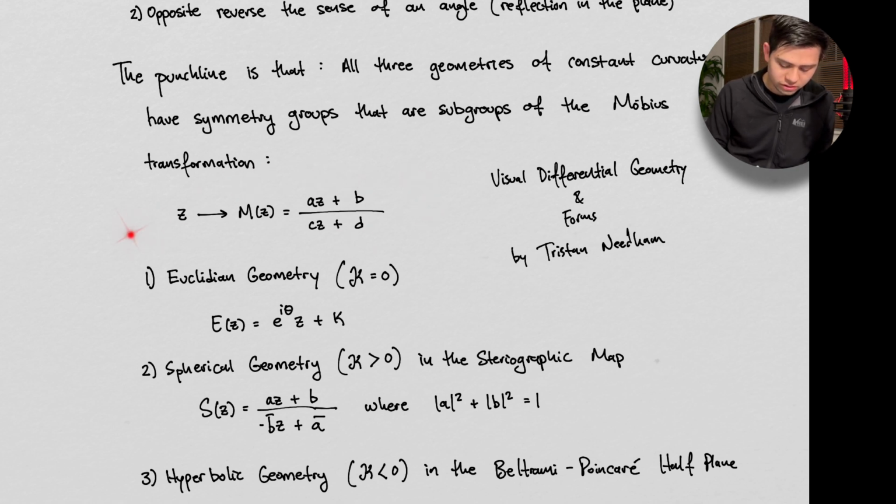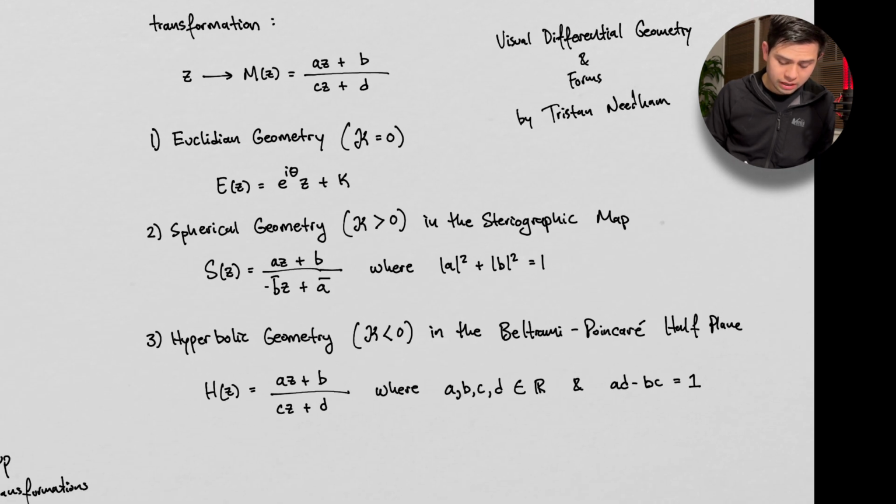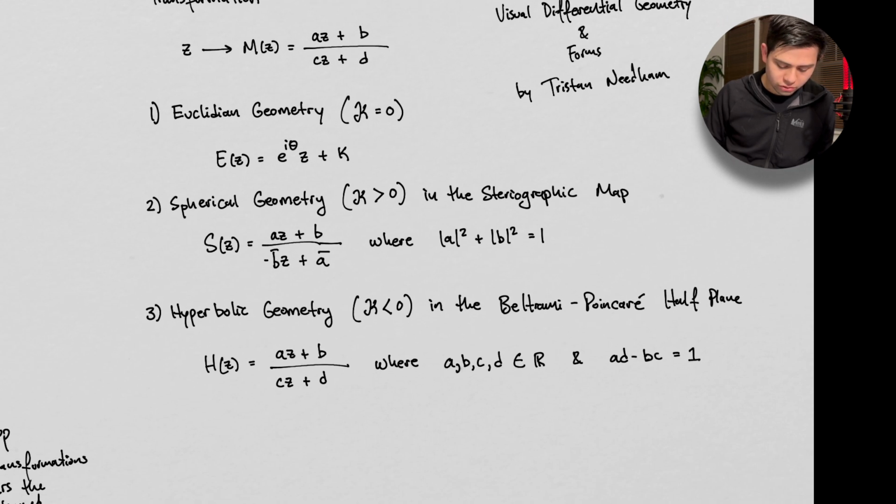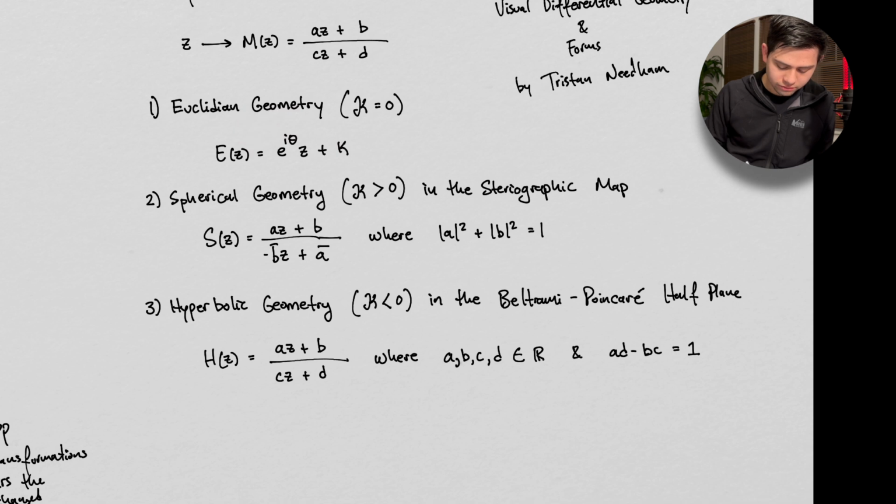So let's remind ourselves that this is the Mobius transformation. And under Euclidean geometry, we have really this factor here. This is a rotation by some angle and a translation, right? So rotation, translation, that is a subgroup of a Mobius transformation.